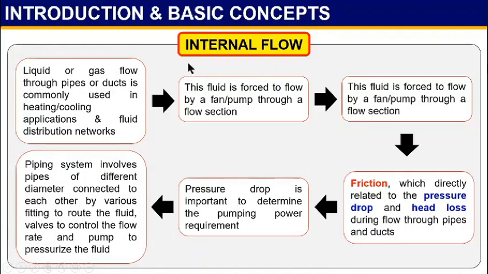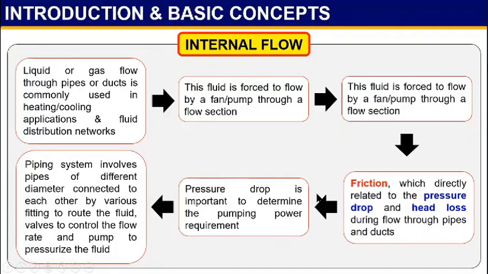So what is internal flow? Liquid or gas flow through pipes or ducts is commonly used in heating or cooling applications and fluid distribution networks. This fluid is forced to flow by a fan or pump through a flow section, and then we have the parameter friction, which is directly related to the pressure drop and head loss during flow through pipes and ducts.